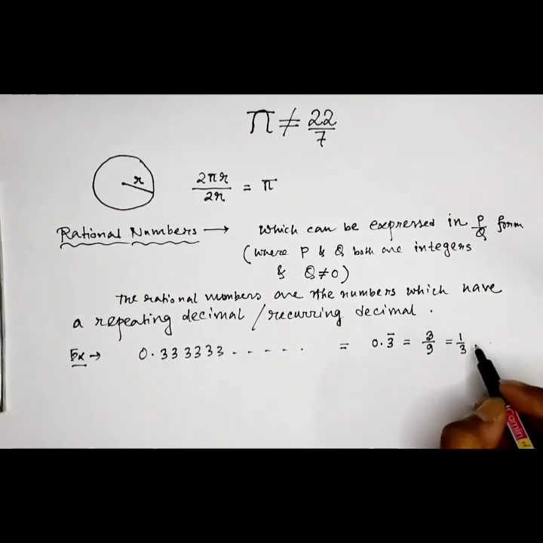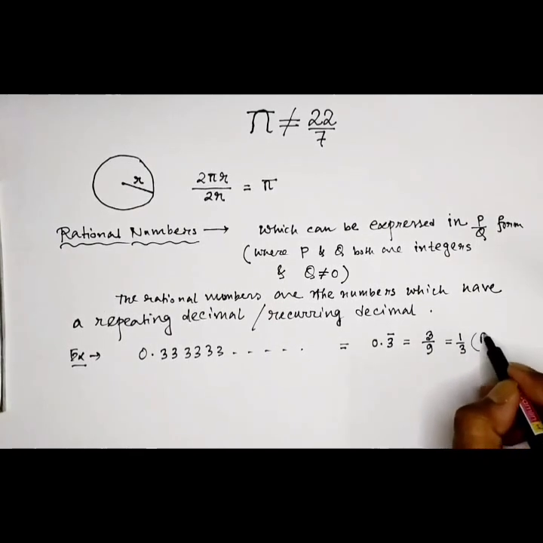This is a rational number. 1 by 3 is a rational number.